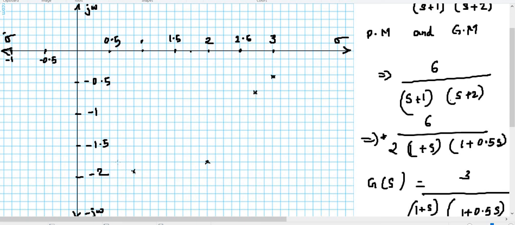The next value is 0.25 and minus 1.6, that will be approximately here. And the next value is minus 0.07, which we can take approximately as 0. At minus 0.07, the value is minus 1.3. So it will be approximately here.